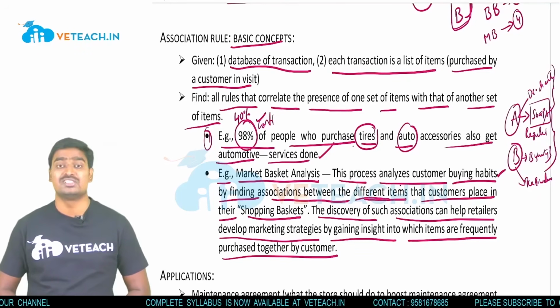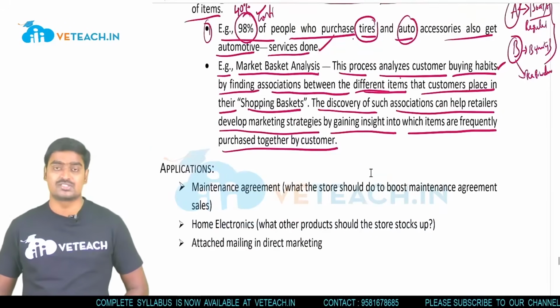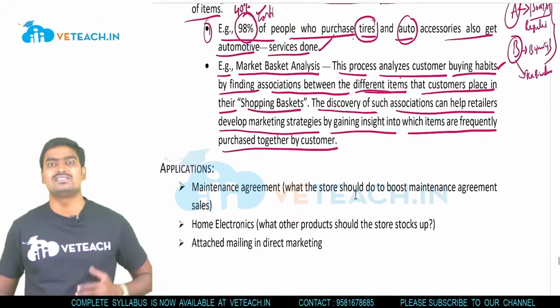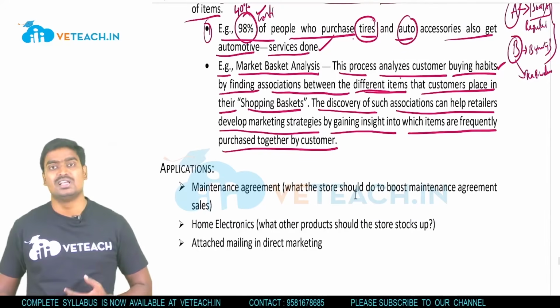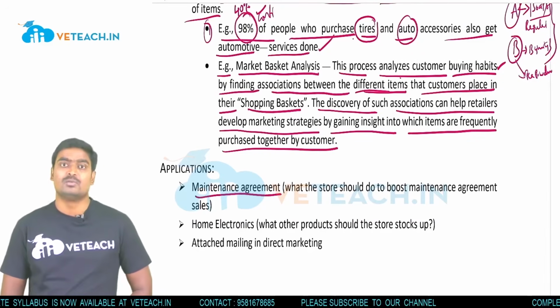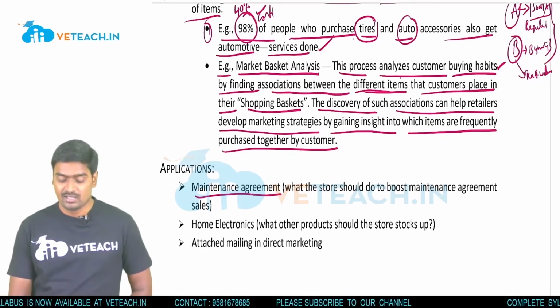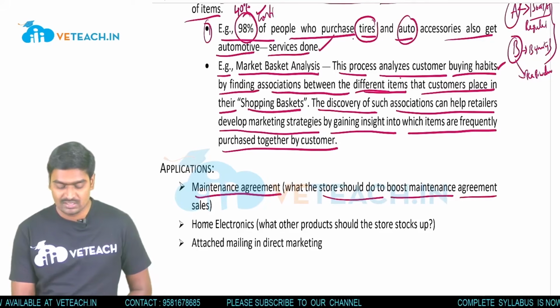So, using the association analysis, coming to the applications, what are the various applications that exist? The first one is maintenance agreement. What is the meaning of maintenance agreement? What should the store do to boost maintenance agreement sales?